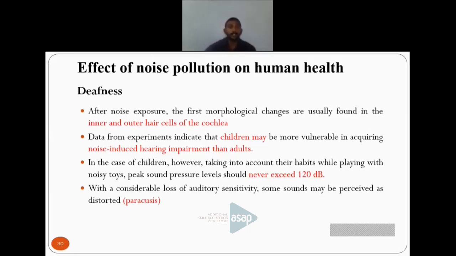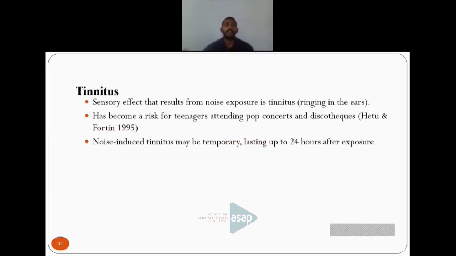Then next comes tinnitus. That is a sensory effect. When we are exposed to high noise, even for some time our ear will ring, making sounds like ringing in the ear.